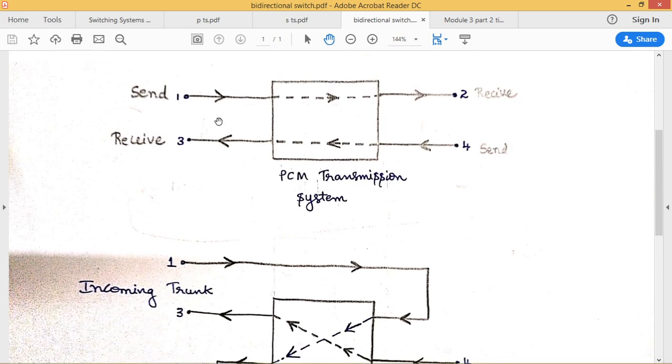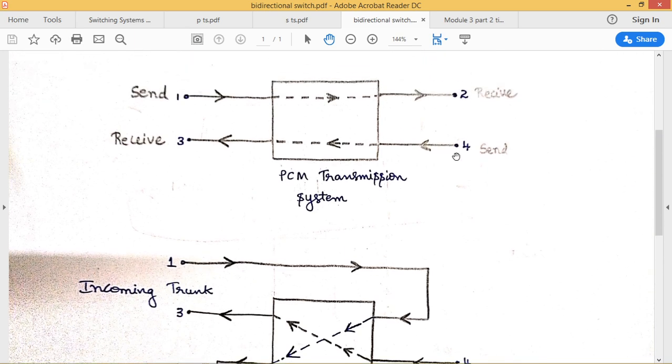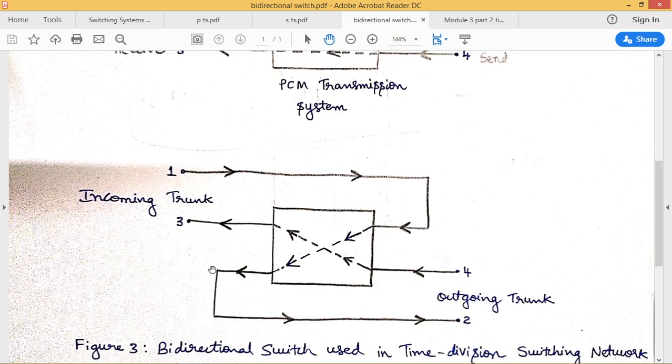What I can do is shift this sending highway to the right hand side and the receive highway to the left hand side. So this one is coming to the right hand side and this two is going to the left hand side. In this way I can make use of a single STS or TST switching network and provide bidirectional transmission.